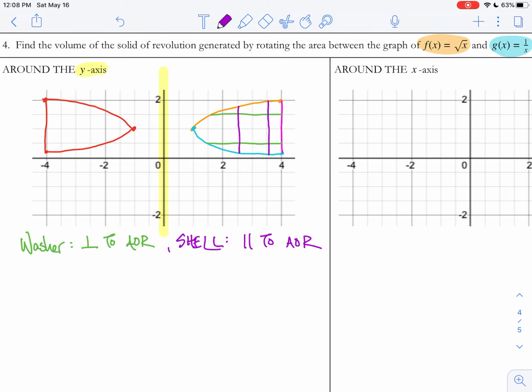Now I'm drawing more than one line because I really want to scan and see what's going to be less work for me and what is ultimately going to be the most efficient way to achieve my answer. So when I look at the green lines, they're fine. I have a pink line on the right and I have another curve on the left.